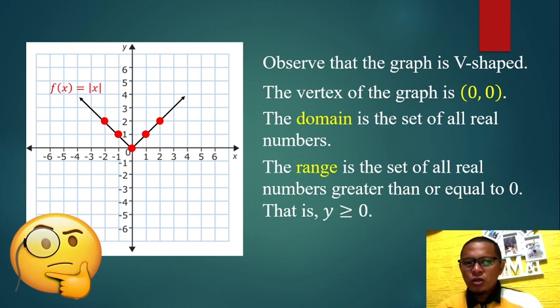So you know already how to get the domain and range. The domain is always the set of real numbers, but the range is the set of real numbers greater than or equal to 0 in the function f of x equals the absolute value of x.